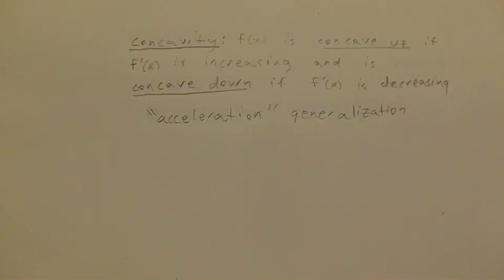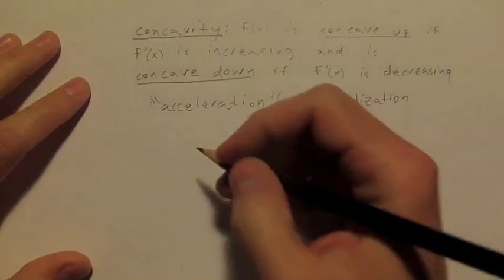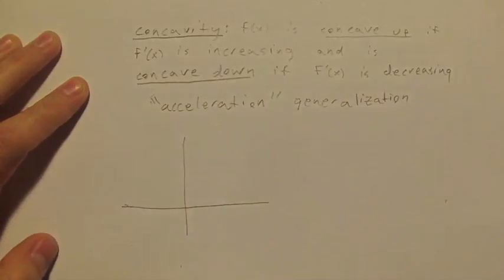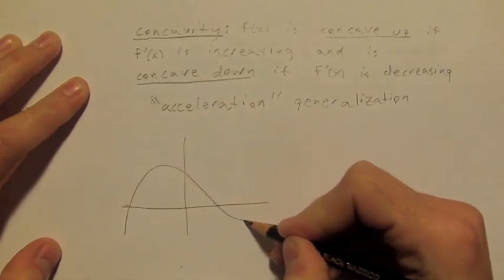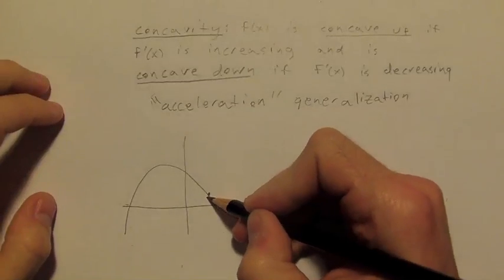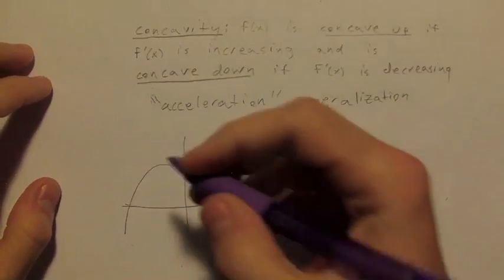Basically, let's say I have this graph, and we want to see where a function is concave up or concave down. The tough way to do it is to look at the tangent lines.